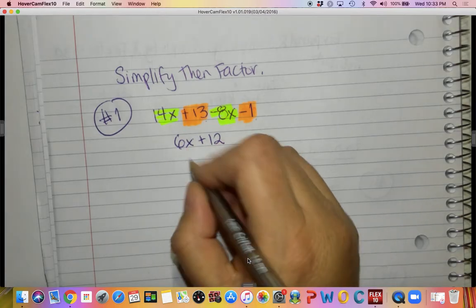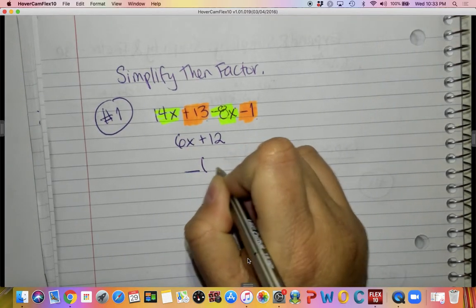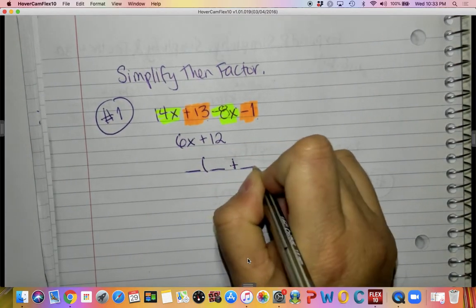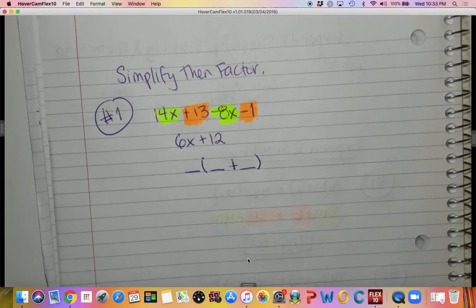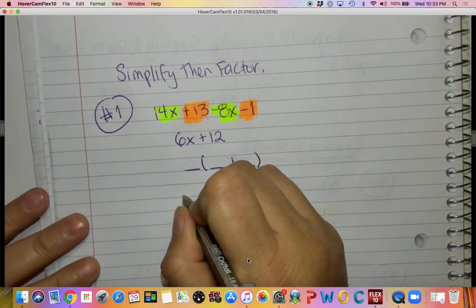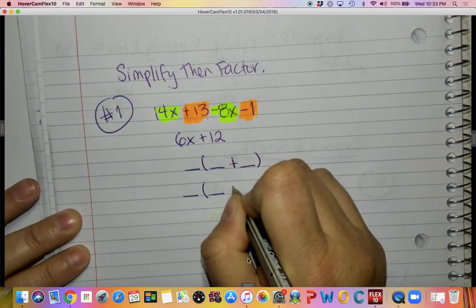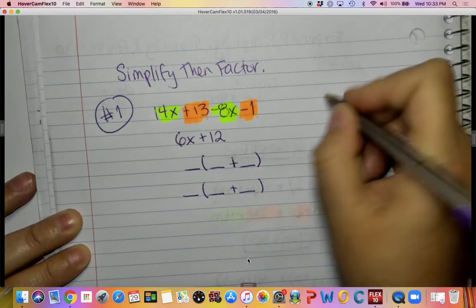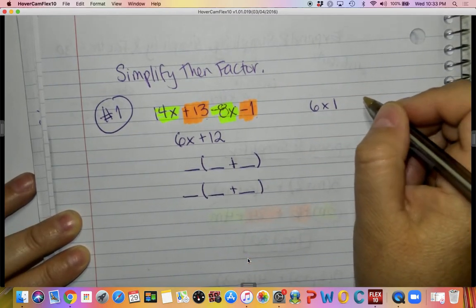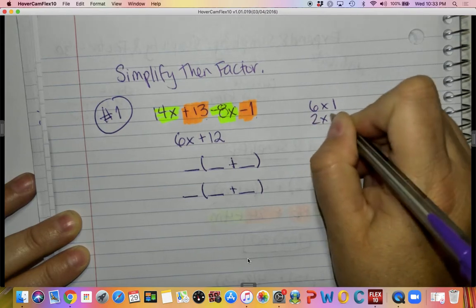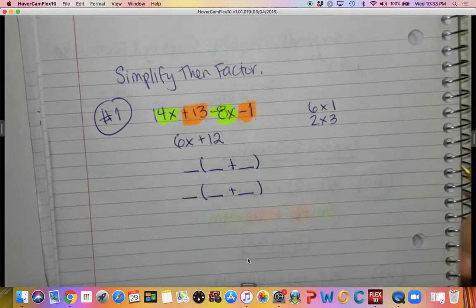So my final answer is going to be one of these. So the greatest common factor, you could actually have 2 possible answers for this one. I'll let you decide which one you like. But 6 times 1 is 6, and 2 times 3 is 6.